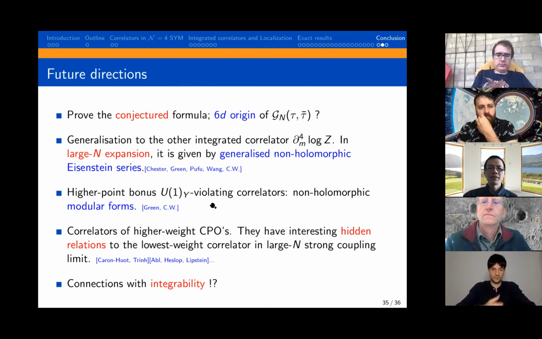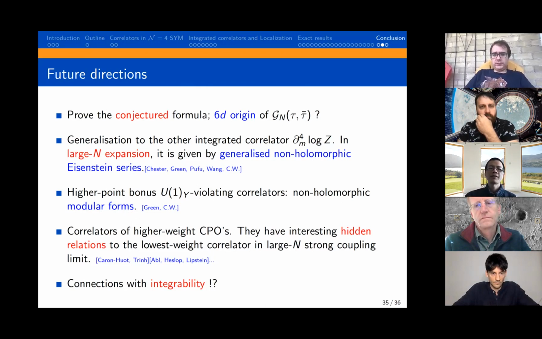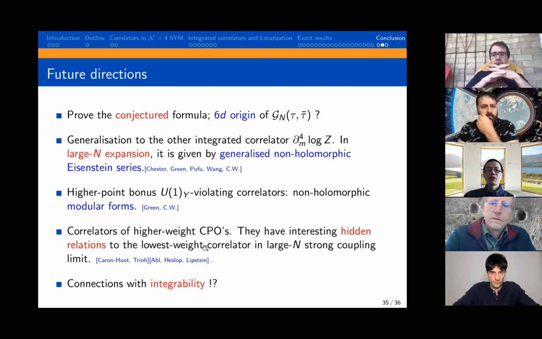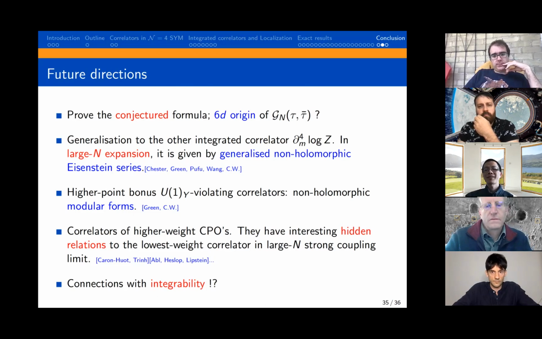But for higher points, when you study so-called U(1)_Y leading ones, you will encounter modular forms. They transform covariantly under SL(2,Z) instead of being invariant. And in the whole talk, I have only focused on the correlator of the lowest operator. So it will be interesting, obviously, to study higher weights.